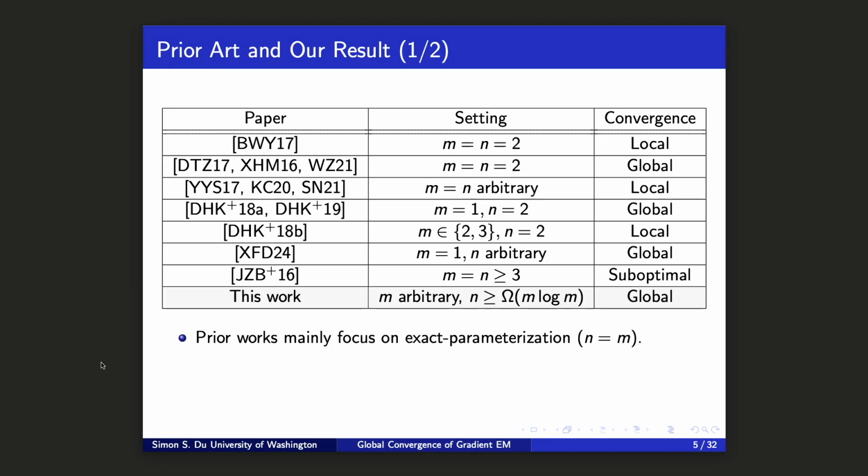And then by Daniel et al., and there's some other work, they also study this m equals n equals 2 case. But different from Siva's work, where you need somehow a good initialization so that your mu is already close to the ground truth.